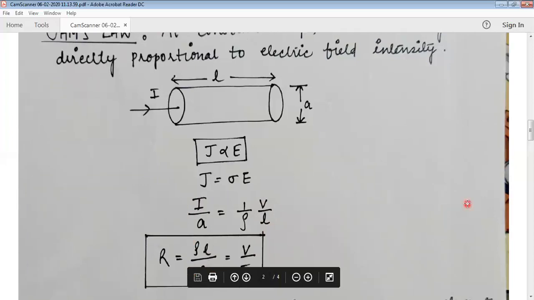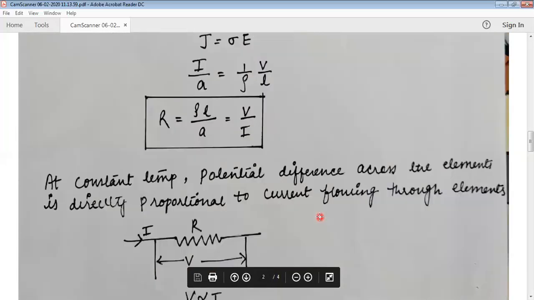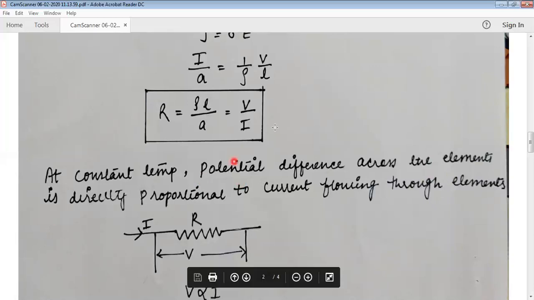So V by I is on this side. So resistance will be V by I. So this also modifies Ohm's law. So now you can say that Ohm's law: at constant temperature, the potential difference across the element is directly proportional to the current flowing through the element.